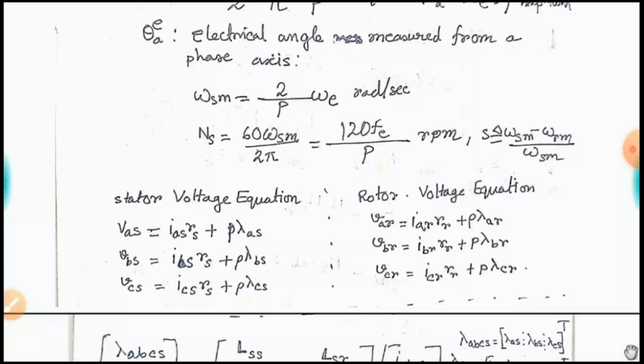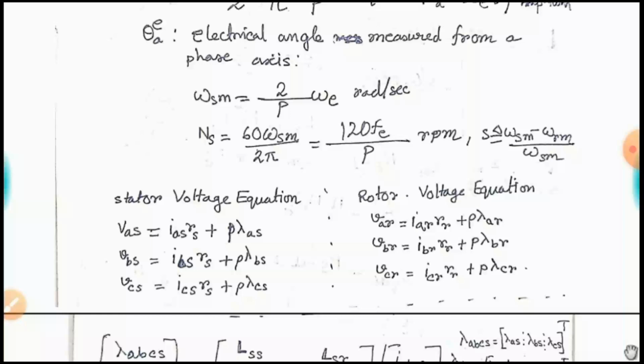That kind of online operation is possible, meaning you don't have to stop the machine to cut down the rotor resistance. During its operation, you can vary the rotor circuit resistance.